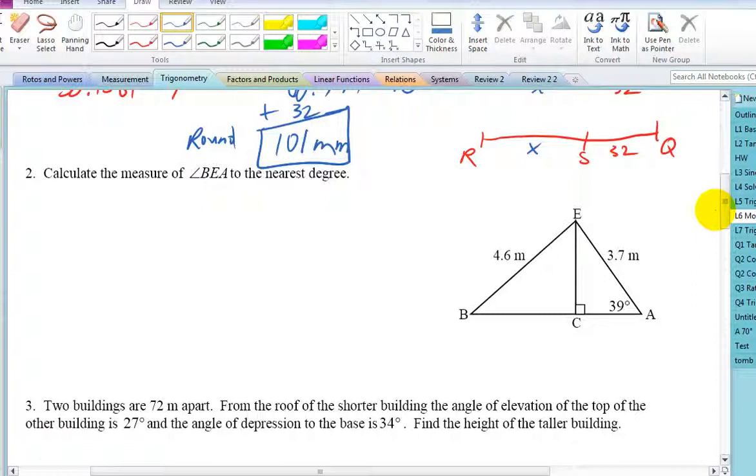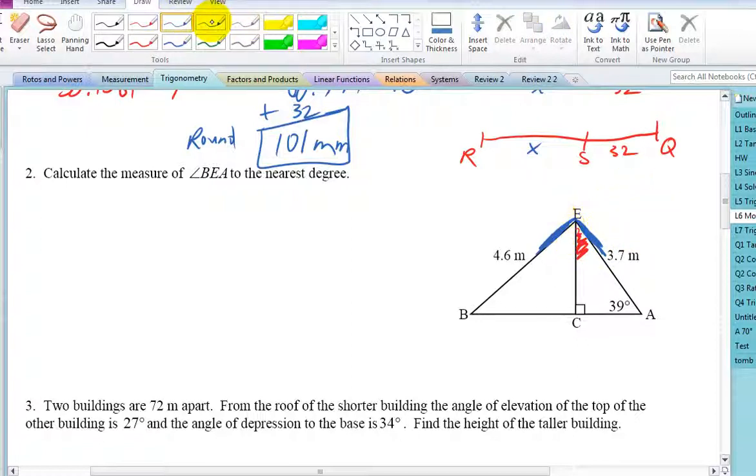Now we're trying to find angle BEA. So what we're trying to do is find this entire angle right there. What we're going to do to help us find that angle is first of all find this. Well, we can find that angle easy by doing your 180 minus rule.